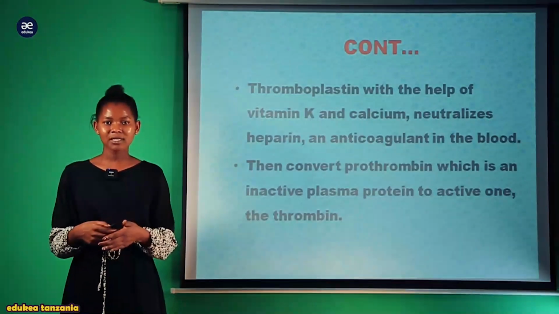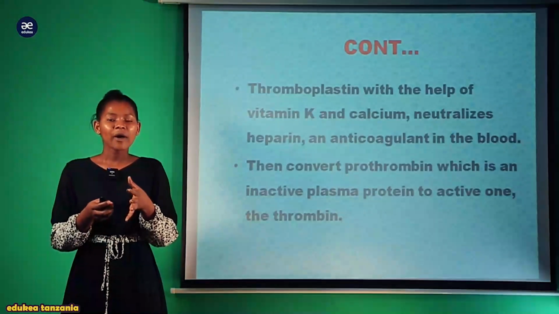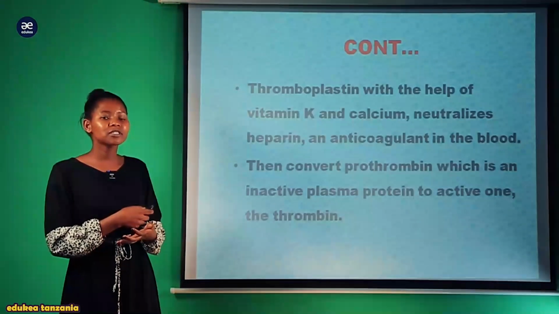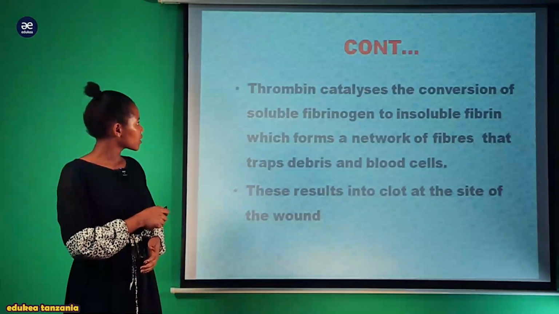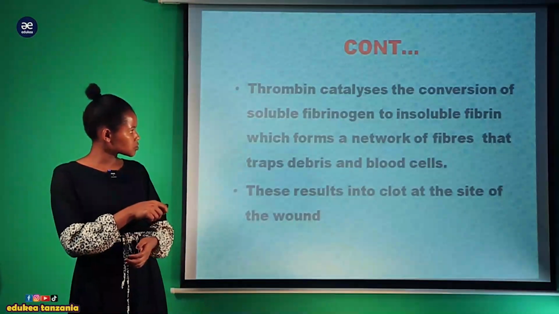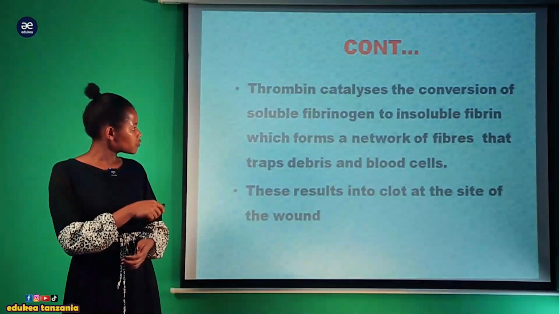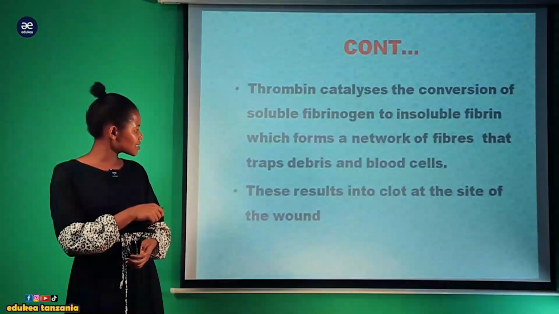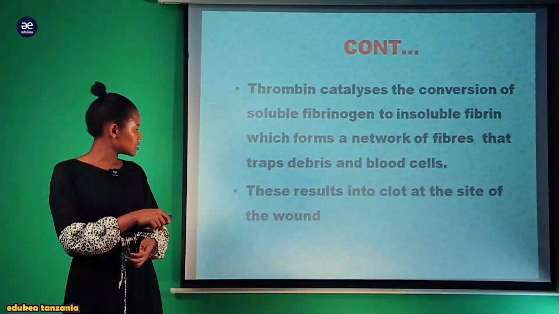Na hii thrombin sasa inaenda kusababisha au inaenda kuconvert fibrinogen kwenda kwenye fibrin. We can see here thrombin catalyzes the conversion of soluble fibrinogen to insoluble fibrin, which forms a network of fibers that traps debris in the blood cells.